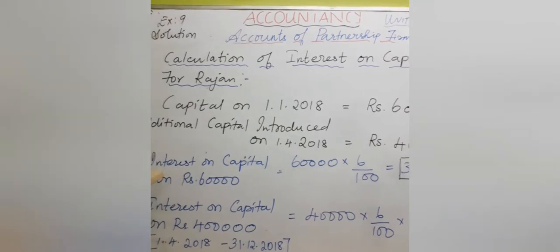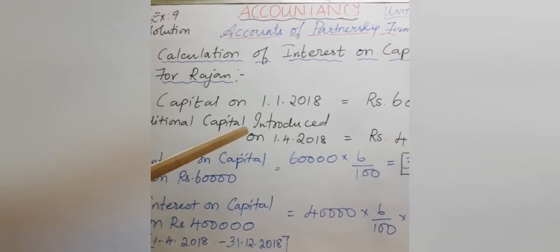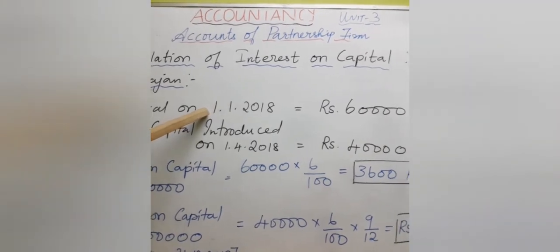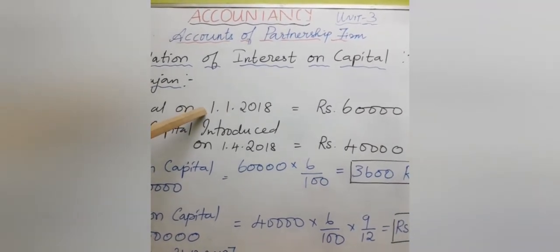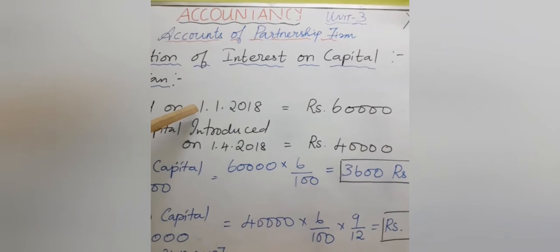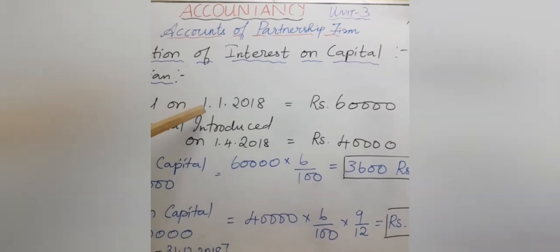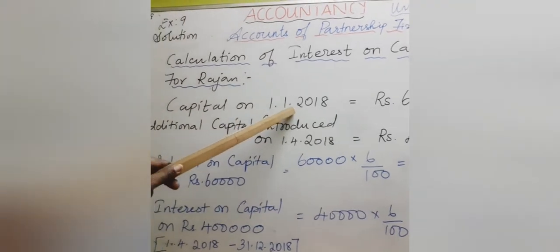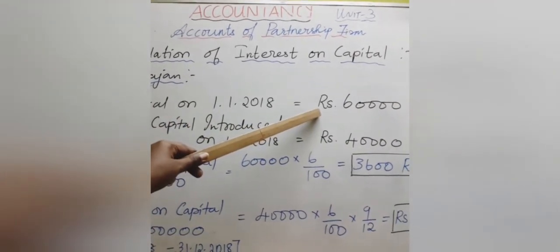See how I have calculated. First I have taken this 60,000 rupees. 60,000 rupees is the capital, that is opening capital. Okay children, from January to 31/12/2018, that is the whole 12 months, this 60,000 is available for us.